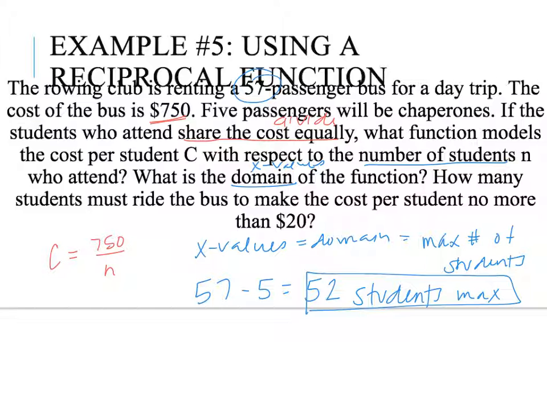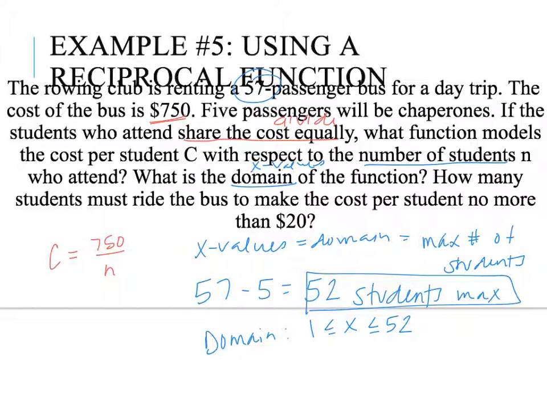It'd be all real numbers. So not all real numbers. The domain would be 1 is less than or equal to x, is less than or equal to 52, because you can have at most 52, and at the very least you can have 1 student. So 1 to 52.